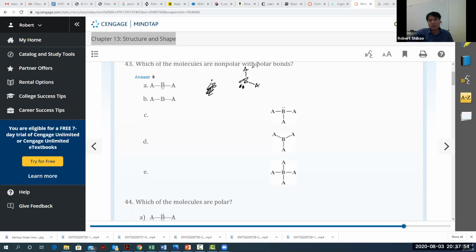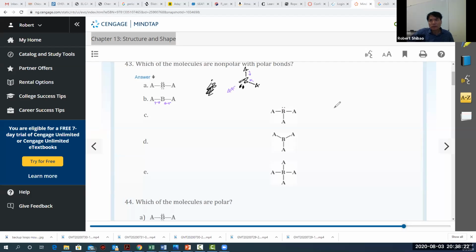Try to recognize it. But here, if they're bond dipoles, those bond dipoles aren't going to cancel out. So let's say we had a bond dipole pointed this way, and a bond dipole pointed this way. The net molecular dipole is going to point this way. Whereas this is linear, and so if I had a bond dipole pointed this way and a bond dipole pointed this way, then it's going nowhere because they're equal and opposite.